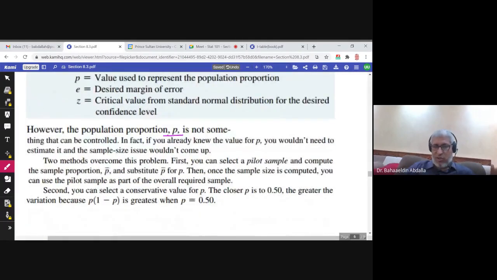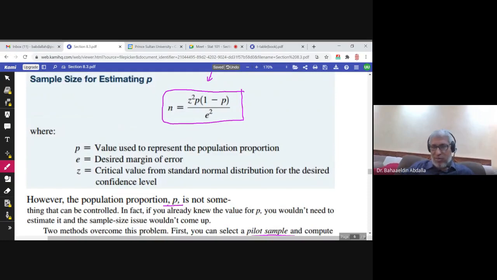We have two choices, two methods. First, we can select a pilot sample and compute P bar and use it instead of P. That's one method. As we did in section 8.1, we select a pilot sample and we calculate S and use it instead of sigma. Here, we select a pilot sample, compute P bar, and use it instead of P in the formula. So you will use here P bar.